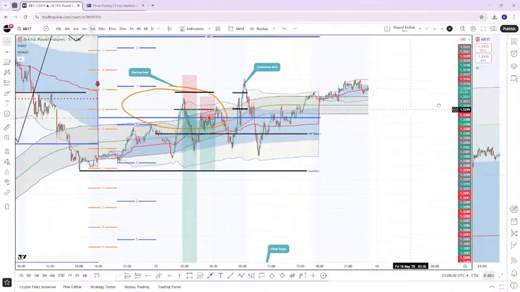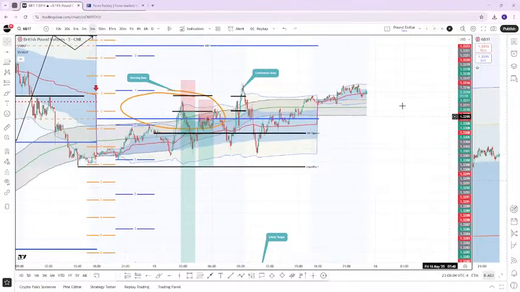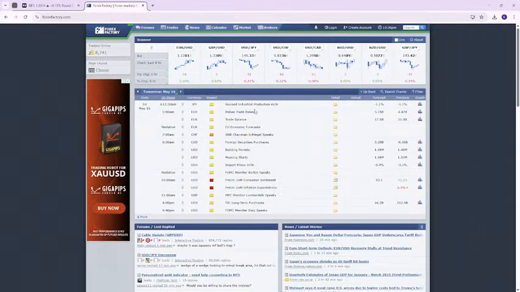Okay, so let's start with news. So today we've got anything for GBP? Nope. Only 11 AM, that guy speaking. Don't care. I think it's like a member of Parliament, Congress, whatever. We have prelims.